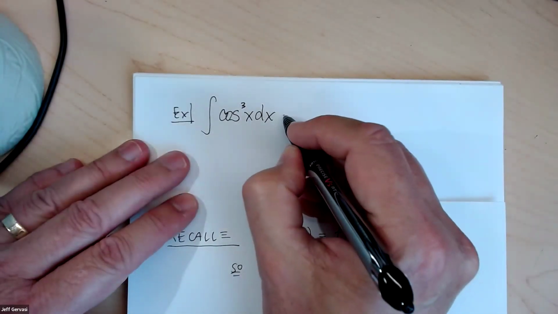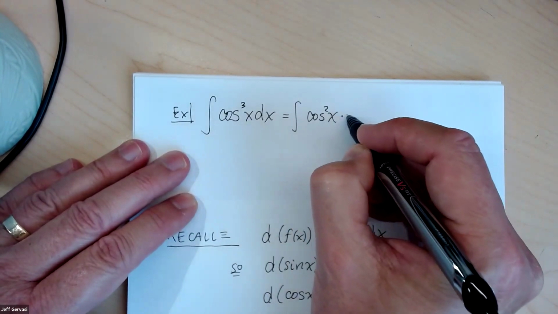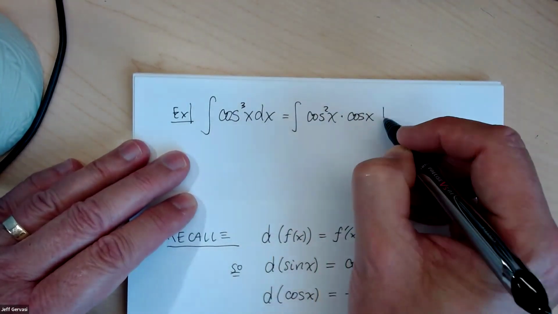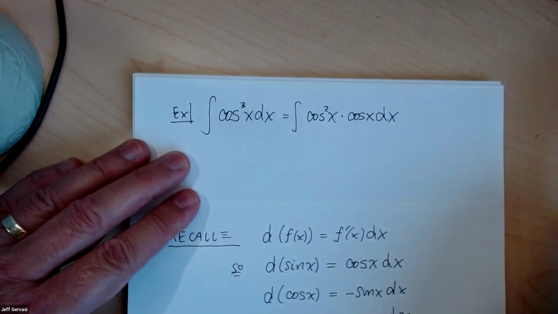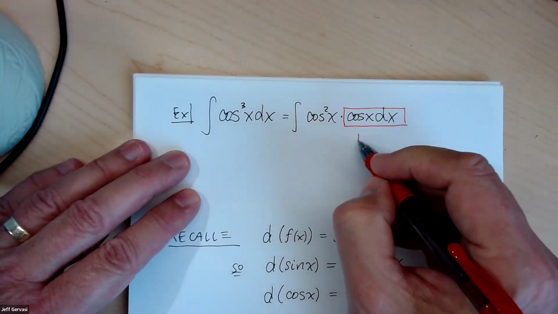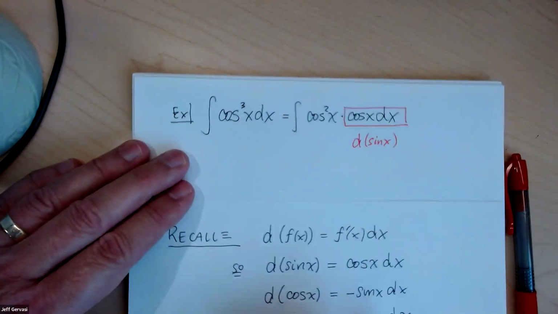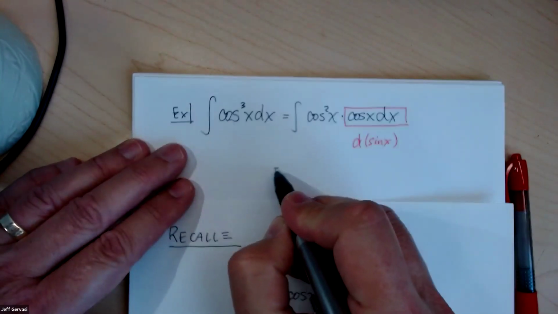Okay, so we just have cosines. Power is odd. We'll break one away. Pair it with the dx, and then rewrite that combination as the differential of the sine. Okay.